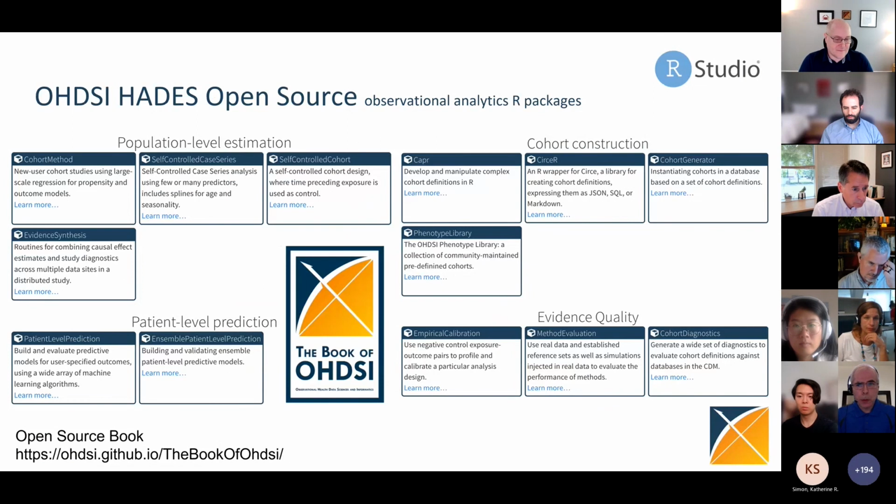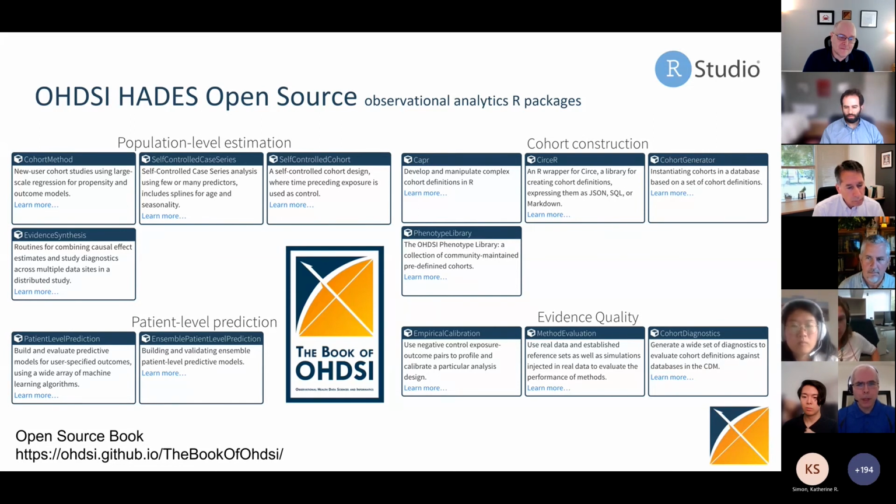Now, also as part of the solution, we've got the Odyssey HADES R packages, and there's a whole Odyssey team that supports all of this and is constantly innovating. You can see there are a number of packages here, but behind these packages is all the different technology around it. There's Python, there's R, C++.